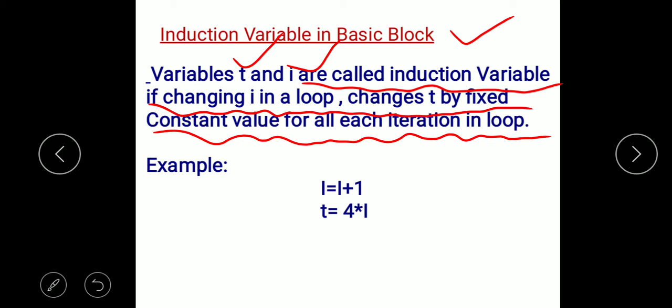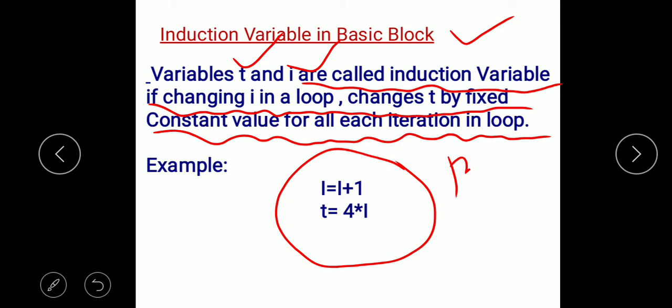If you are changing I, the change in t would be an increment or decrement, but every time the loop is executed for a basic block, the change in t must be constant. That means if the first time it is changed by plus or minus 4, for each iteration it must be changed by plus or minus 4.